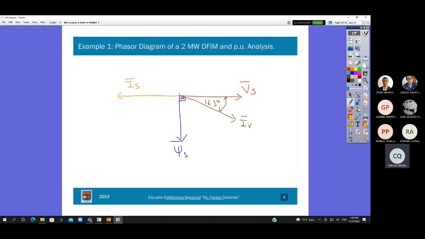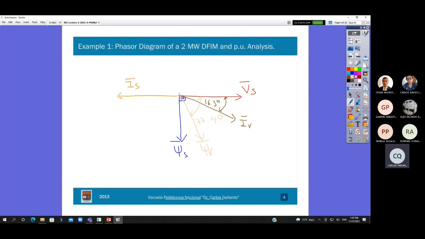And then we compute the rotor flux, and the rotor flux is here. The angle is 77.4 degrees. This is the rotor flux. And then I will have here finally the rotor voltage.